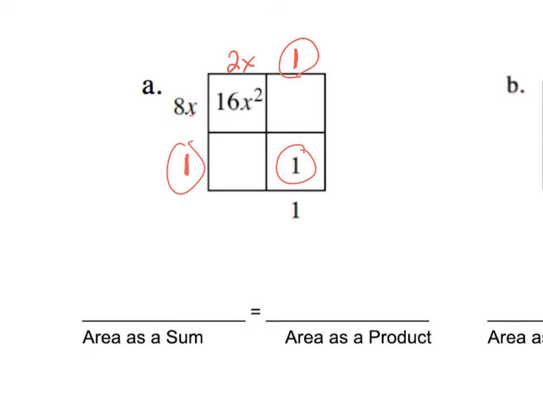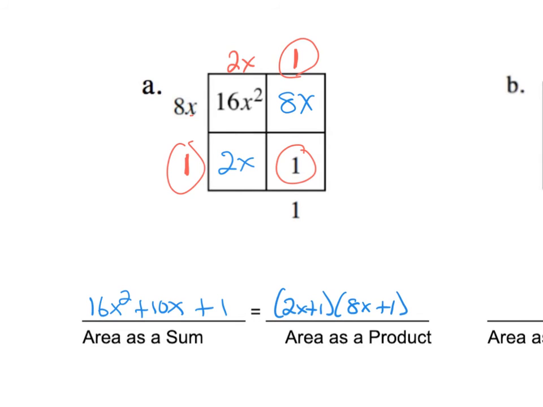So 1 times 2x would be 2x, and 1 times 8x would be 8x. So now as a sum, that would be the inside of the rectangle, so 16x squared. My blue diagonals there are like terms, so that's 10x, and then plus 1. And the area as a product, I'll use the top, 2x plus 1, and the side, 8x plus 1.